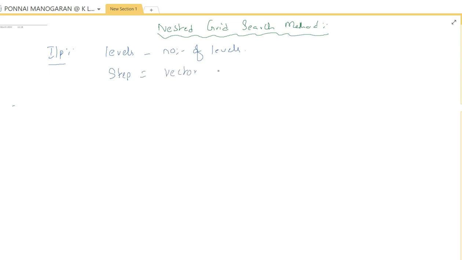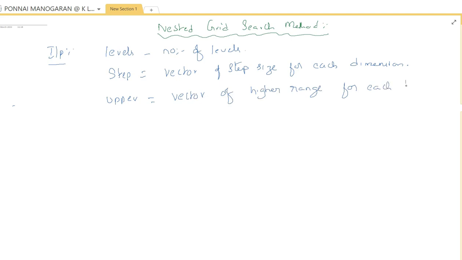It is also a vector of step size for all the variables, or you can say for each dimension, and the upper vector, it is a vector consisting of higher range for each variable or dimension.